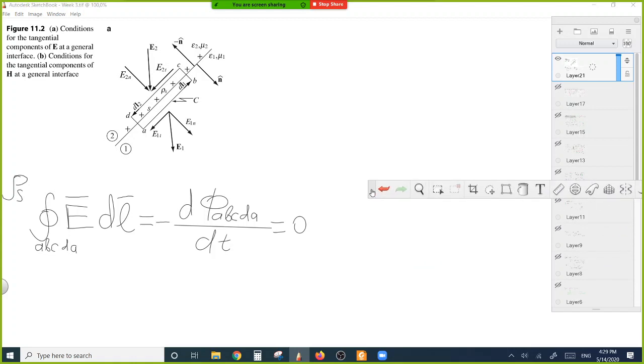We know that the total flux enclosed in the loop A, B, C, D, A is equal to 0, because in the limit the area enclosed by the loop is 0.